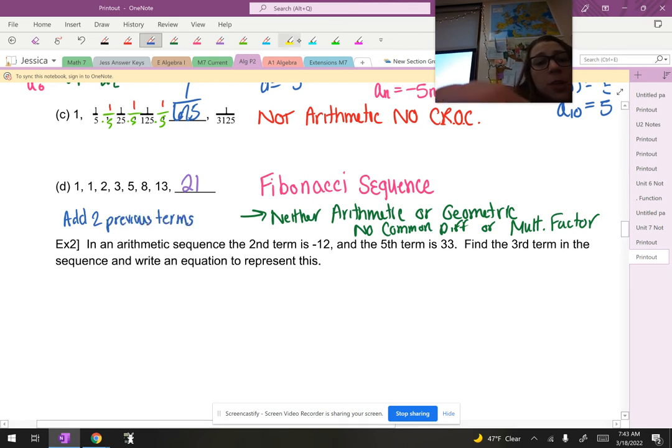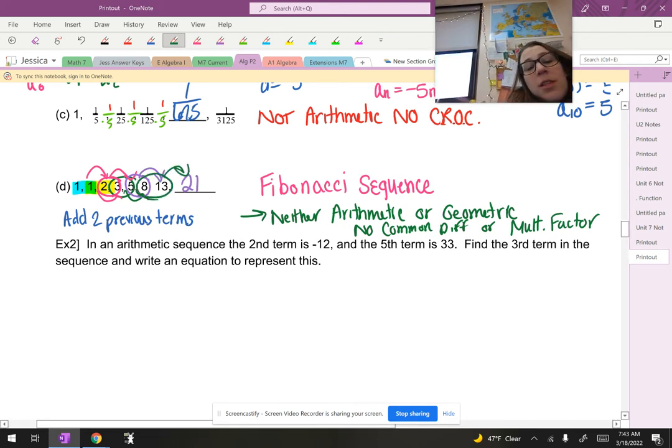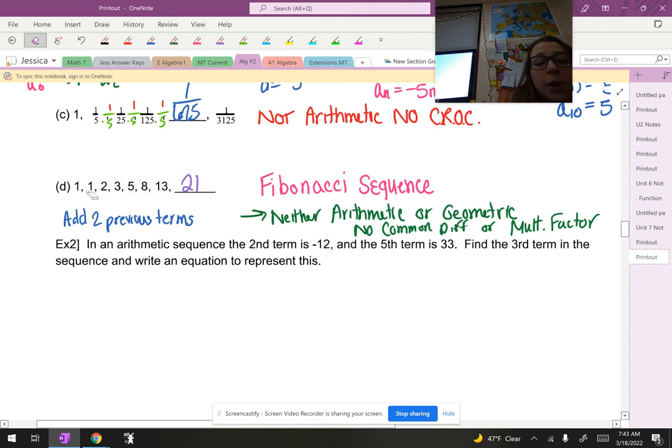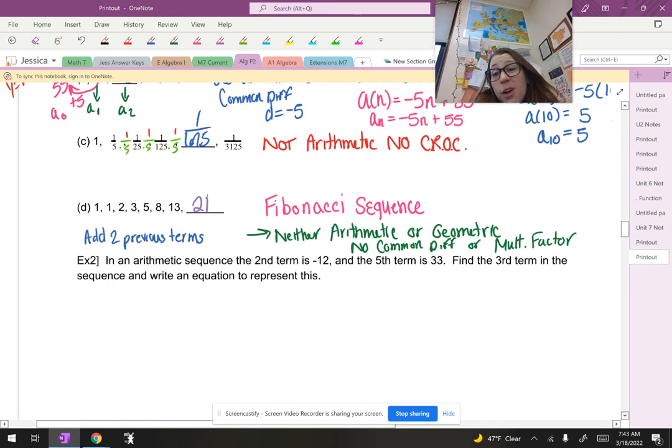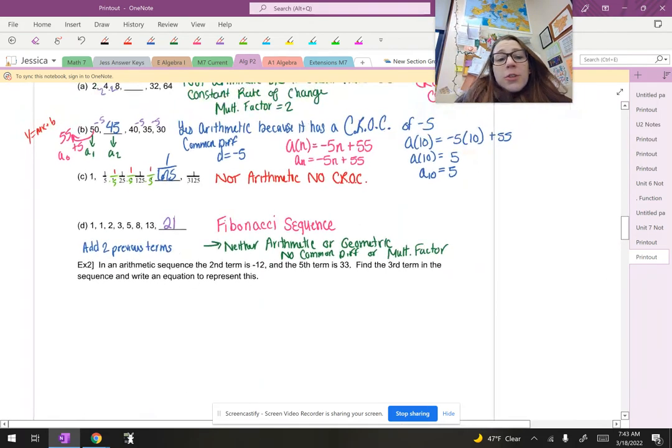So here, 1 plus 1 gets me to 2. 2 plus 1 gets me to 3. 2 plus 3 gets me to 5. 5 plus 3 gets me to 8. 8 plus 5 gets me to 13. 13 plus 8 gets me to that 21. So kind of a cool little pattern. Probably do some more research on it if you wanted to learn more, but that's as much as we'll get into it.